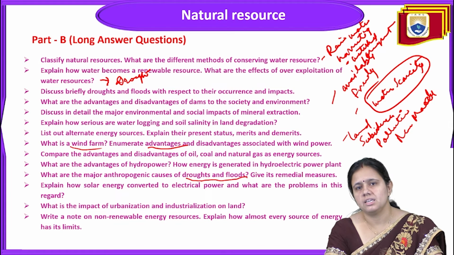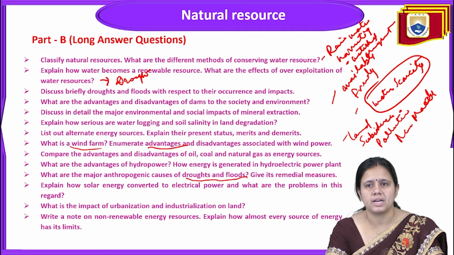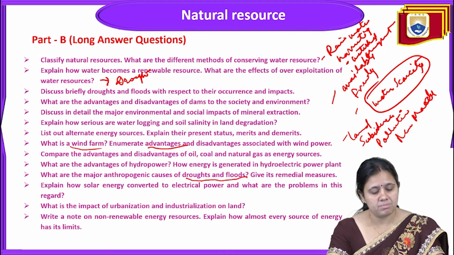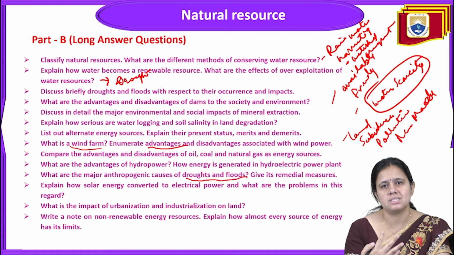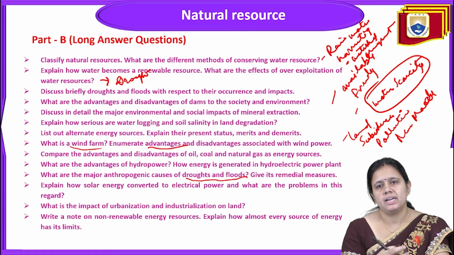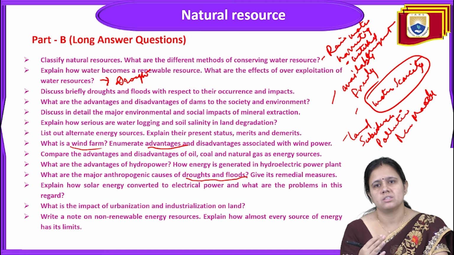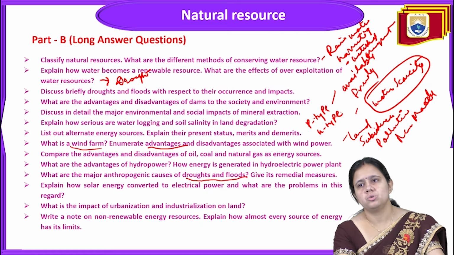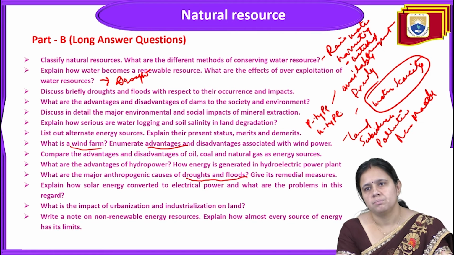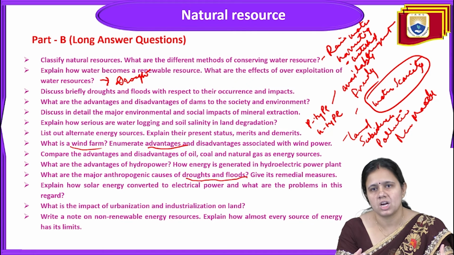And then, explain how solar energy is converted to electrical power, and what are the problems in this regard. So here you have to explain the mechanism of conversion of sunlight into electrical energy. P-type and N-type semiconductors are there, and due to sunlight they are excited and the photovoltaic effect is created.